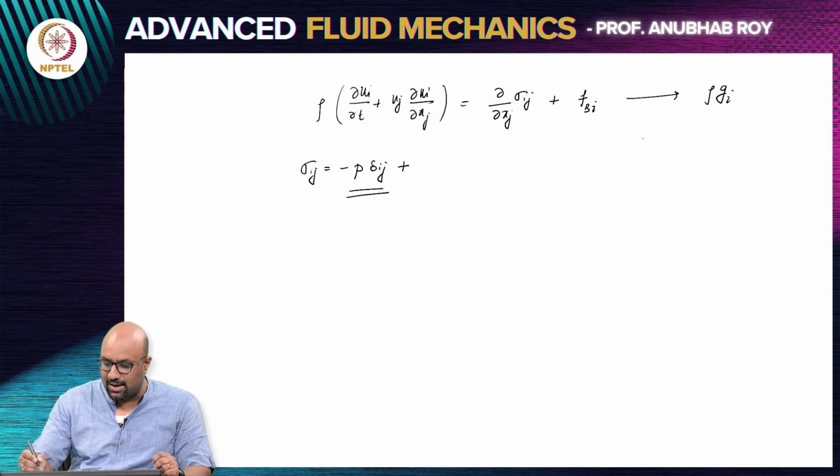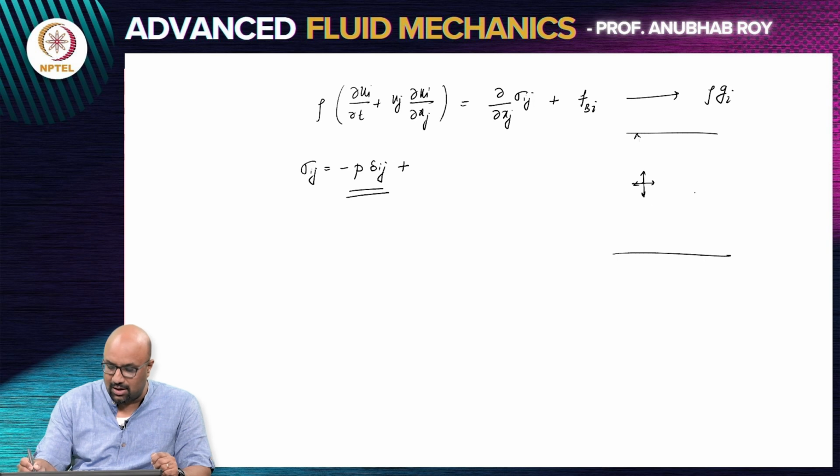So, if you have a static blob of fluid, which has some density, then at any point in the fluid, you would have a pressure that would act in the problem.